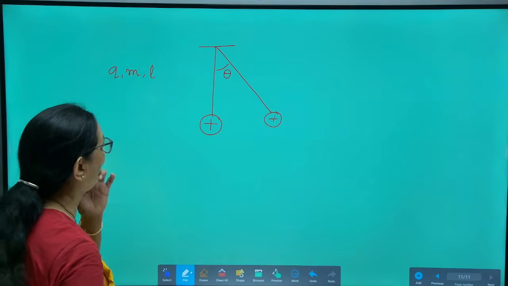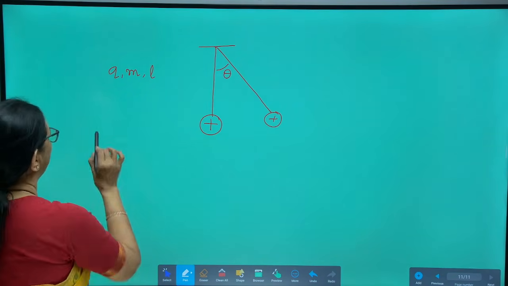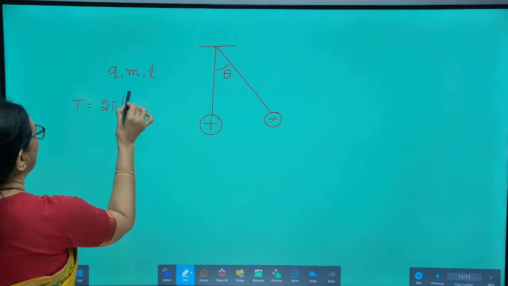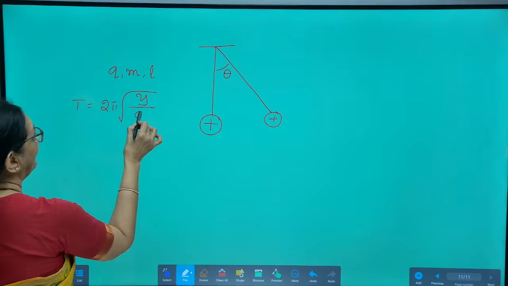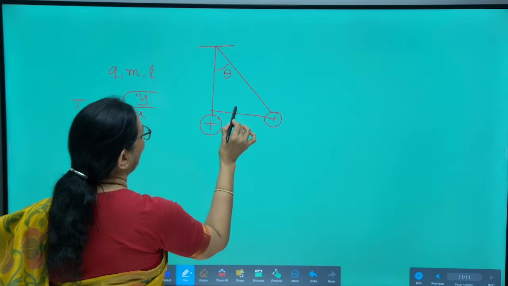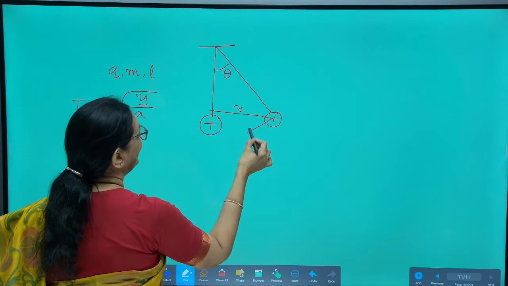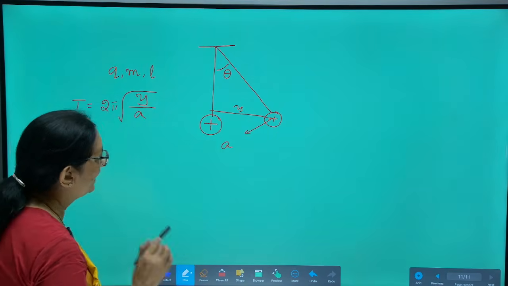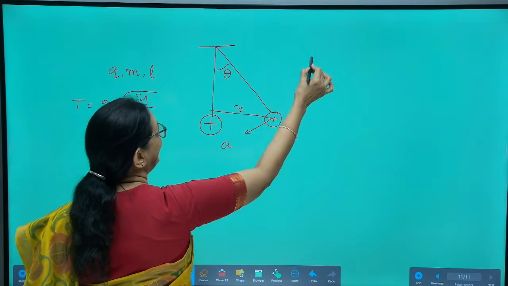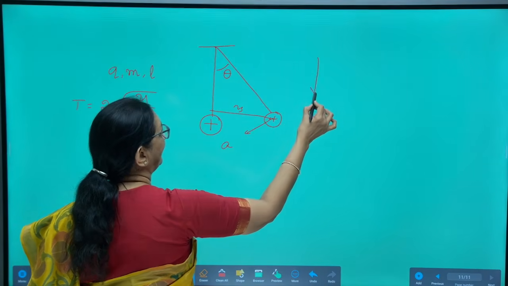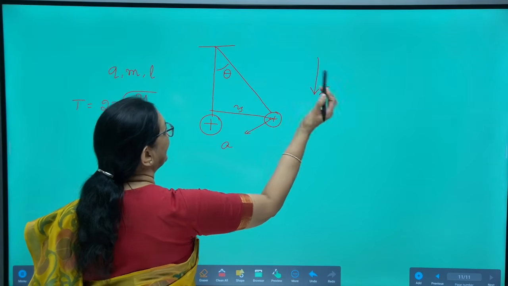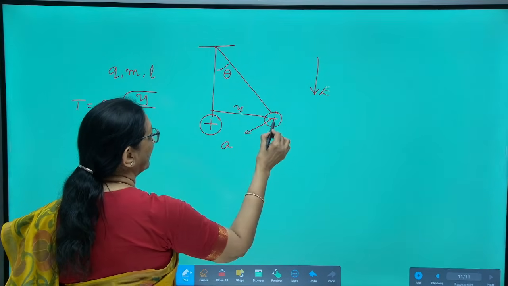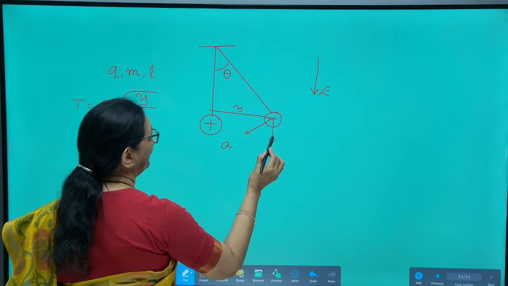We want to find out the time period of oscillation. We know the time period of oscillation is 2 pi square root of y by a, where y is this displacement, a is acceleration along this direction. Now, here it is in an electric field acting vertically in the downward direction. So, there are two forces acting on the bob here.